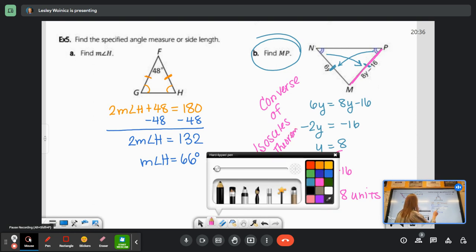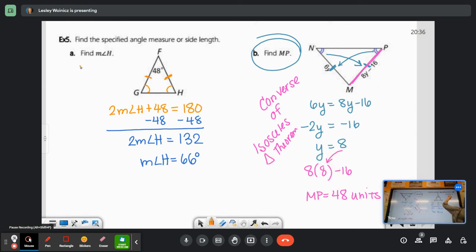And then this one over here was just the isosceles triangle theorem.